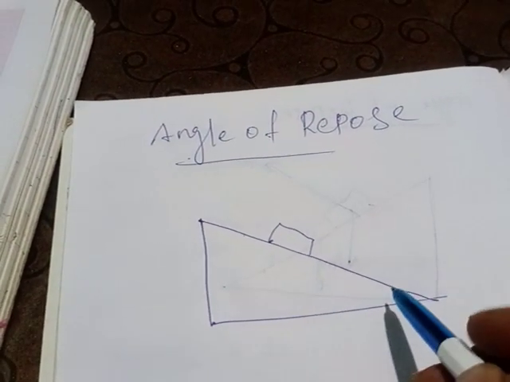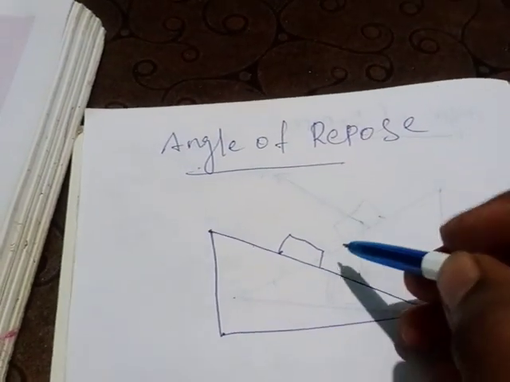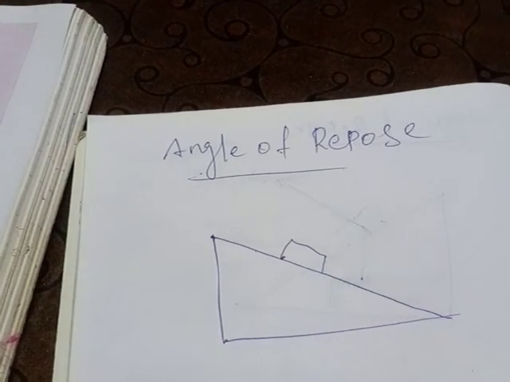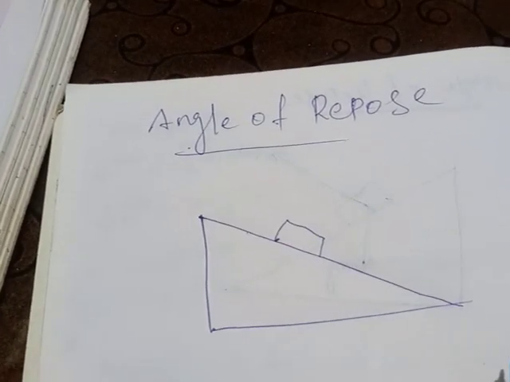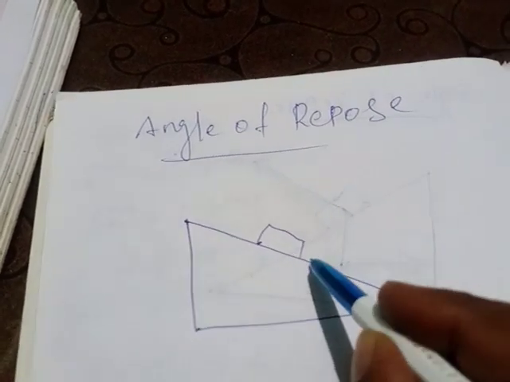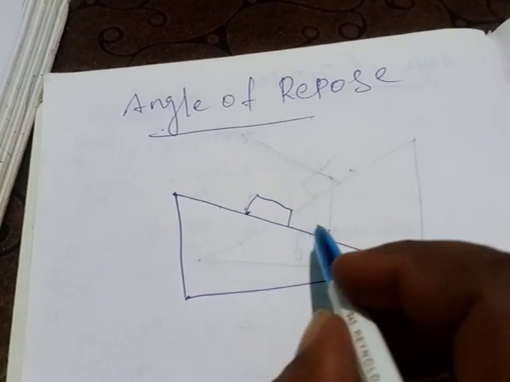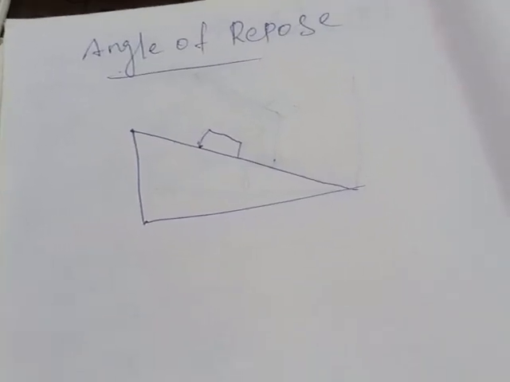If we increase the value of theta a little bigger, what will happen? We know that the object will slide in the downward direction. The angle at which the object starts to slide downward is what we call the angle of repose.